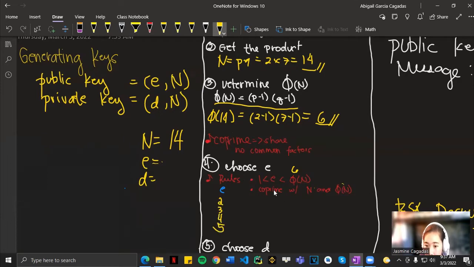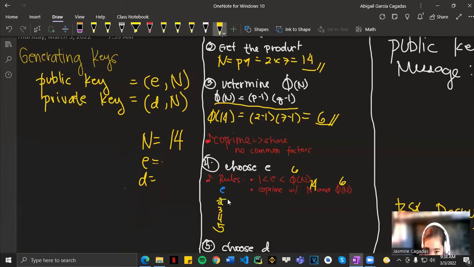Now the second rule is that E should be co-prime with N, which we solved earlier as 14, and phi of N, which is 6. Co-prime means they do not share common factors. Does 2 share common factors with 14 and 6?